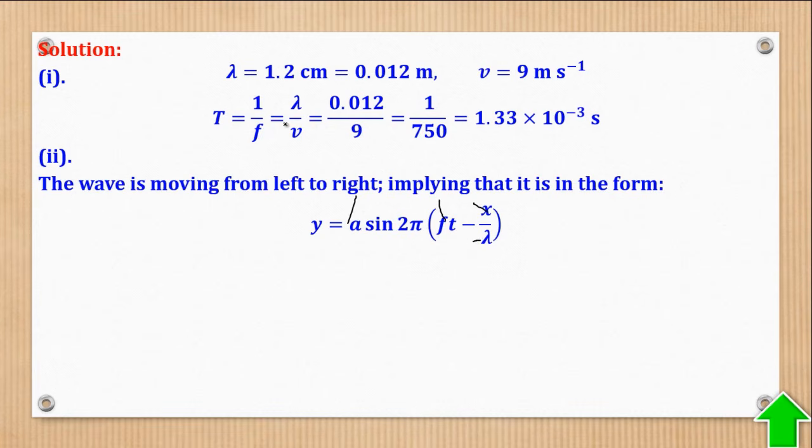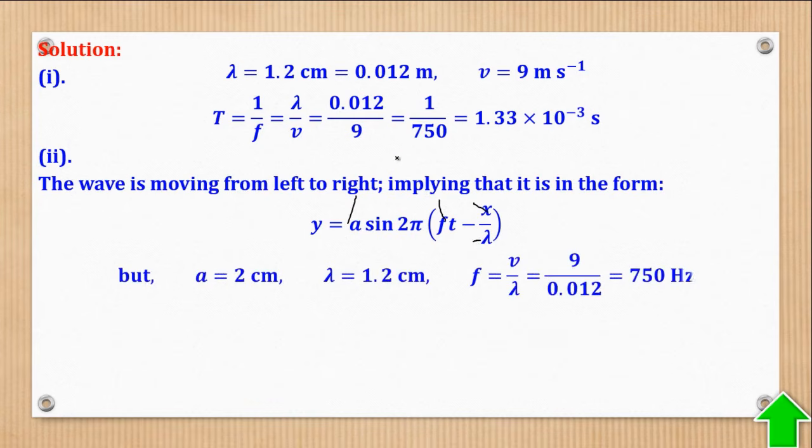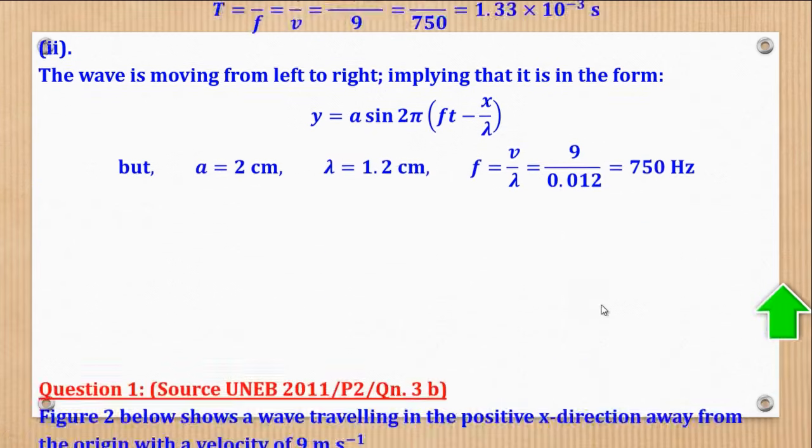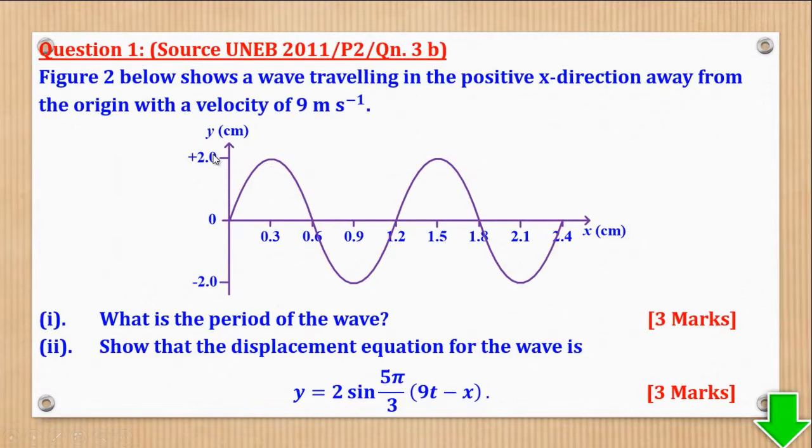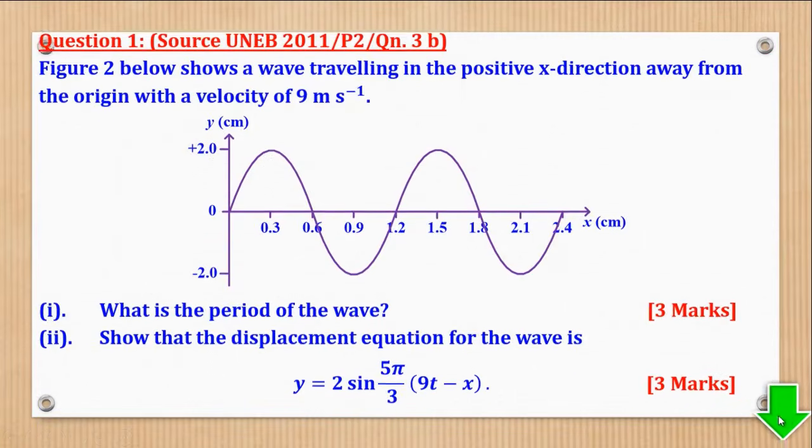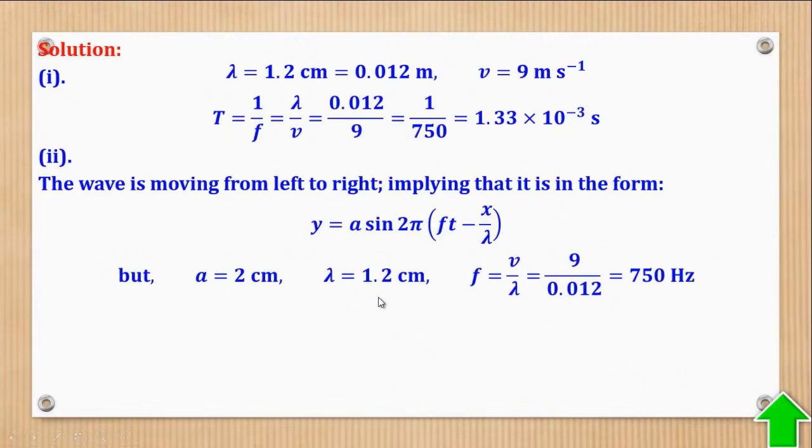So now I know the wavelength, it's here. I know the amplitude. If I come back to the diagram, amplitude is 2 centimeters, which is here. Then frequency is v over lambda, which is 750 Hz.